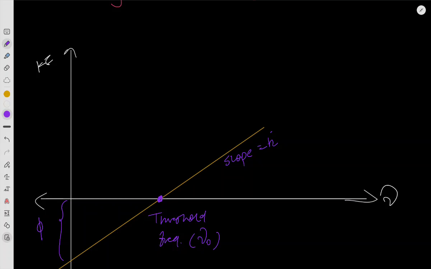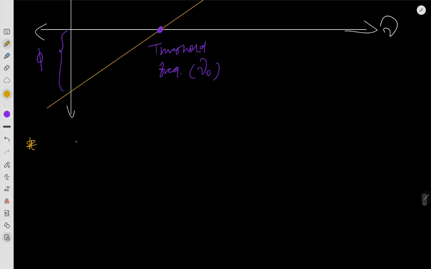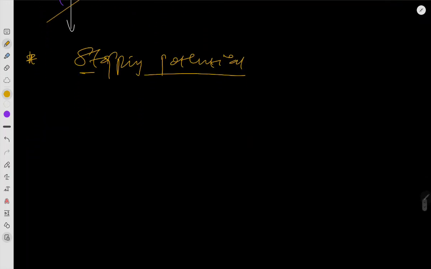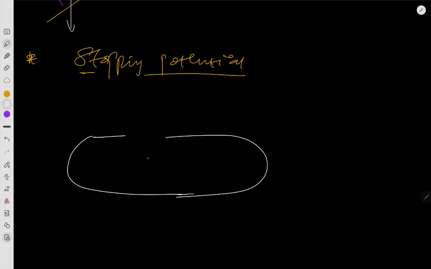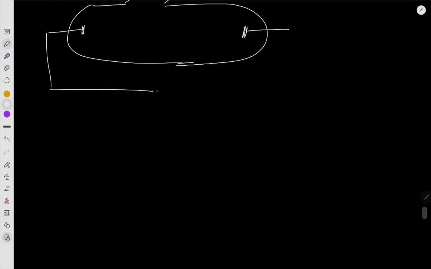And yes, now let us discuss the stopping potential. Let us again go to our original image from where our experiment actually began. And now applying a potential. The original circuit consists of applying potential like this.